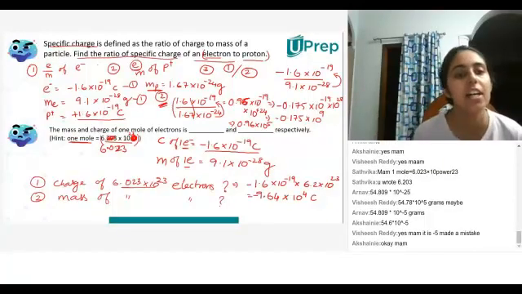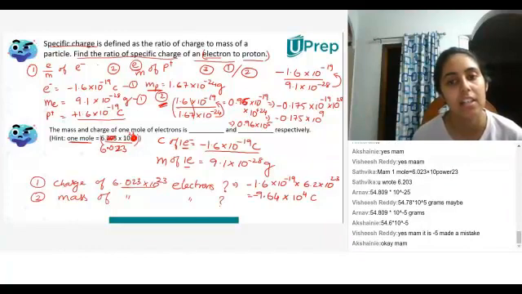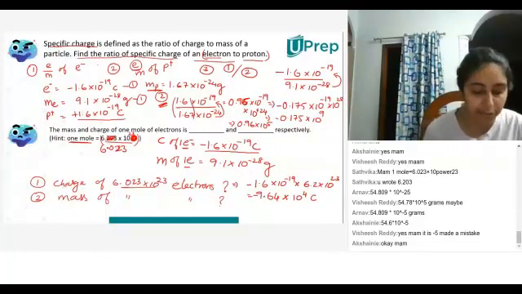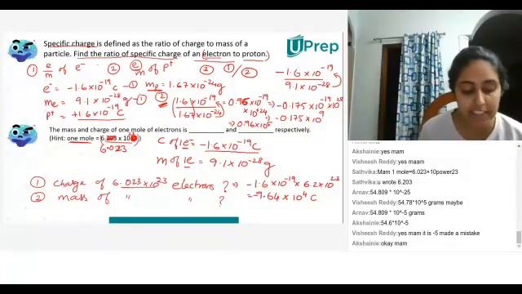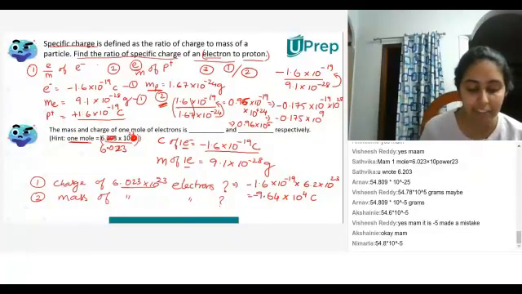Very good. But why is there a variation after the decimal? Like I got 8, Vishesh is getting 7 and 5. I think it depends on how many numbers you took after the decimal point. For example, if I take 9.1 into 6.023, I'll get 54.8.